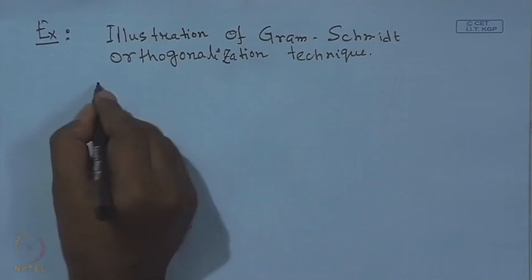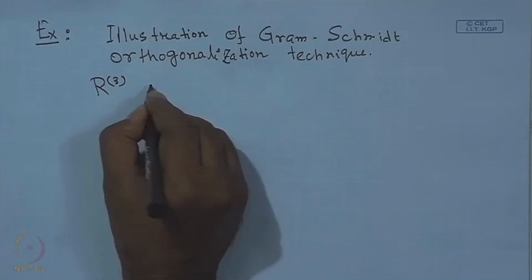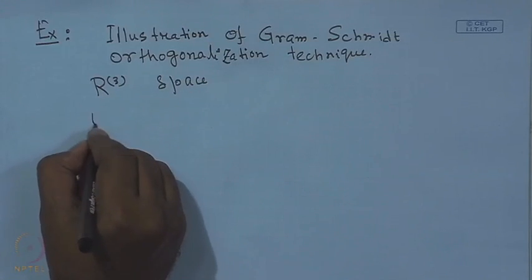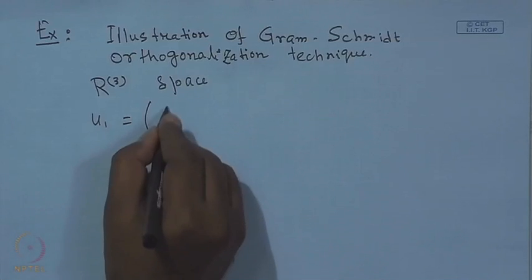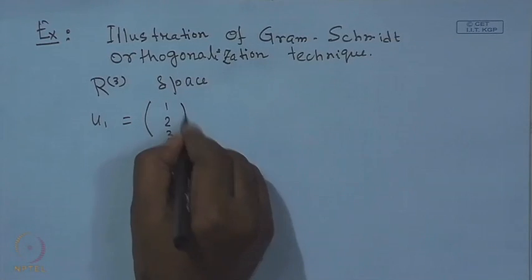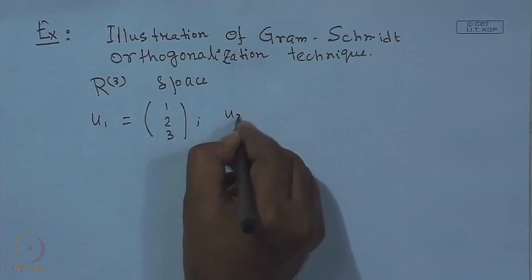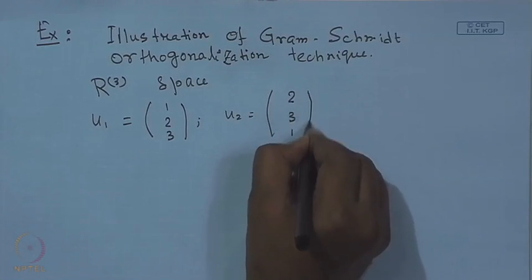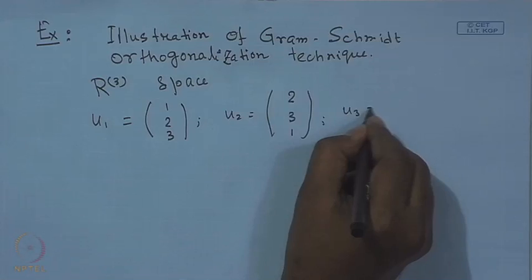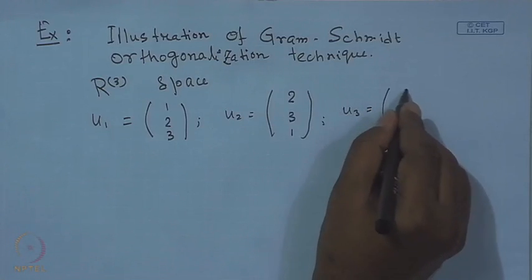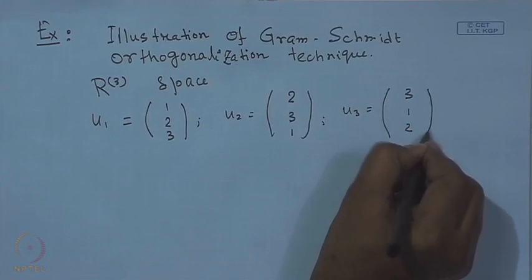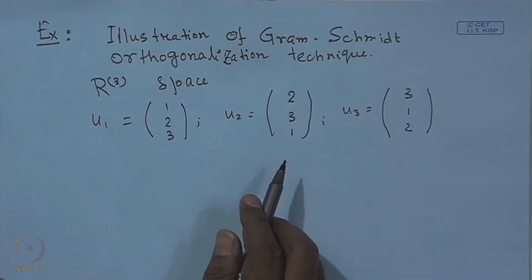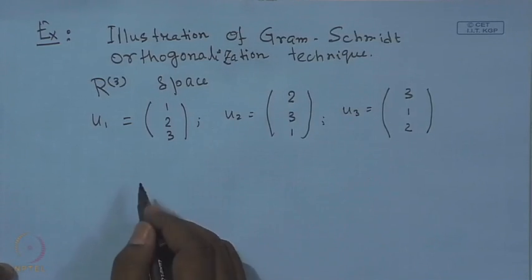We consider 3-dimensional real space and we consider 3 vectors: u1 as (1, 2, 3), u2 as (2, 3, 1), u3 as (3, 1, 2), and we check whether these 3 vectors constitute an independent set of vectors or not.